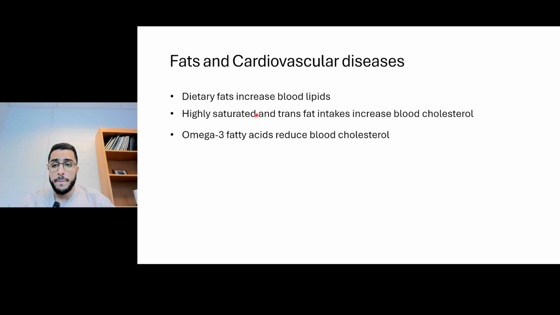If you have highly saturated and trans fat intakes, so you eat too much of these, they can increase the levels of blood cholesterol and lead to rigidity in your membranes, also accumulation as plaque in your arteries, and that can clog your arteries. And so one thing that omega-3 are also good for is that they reduce blood cholesterol. Okay, so obviously supplementing with omega-3 can be helpful to reduce blood cholesterol.